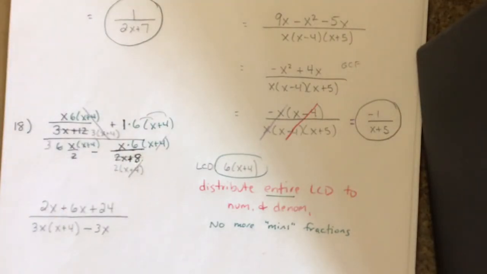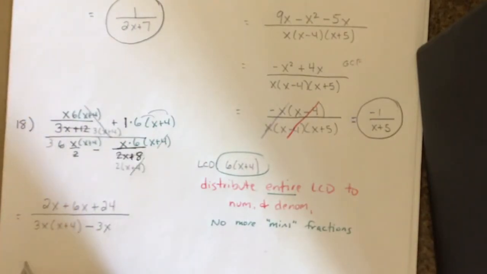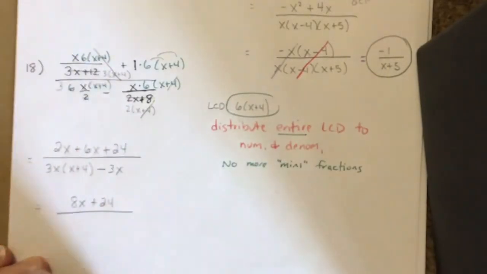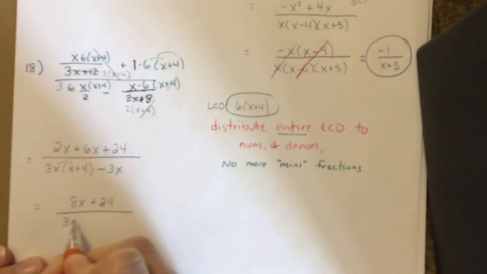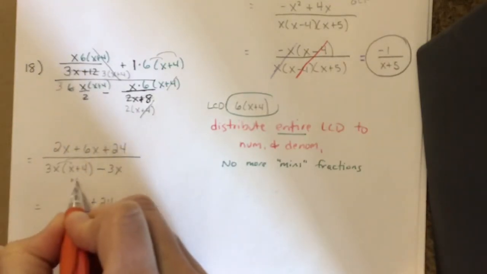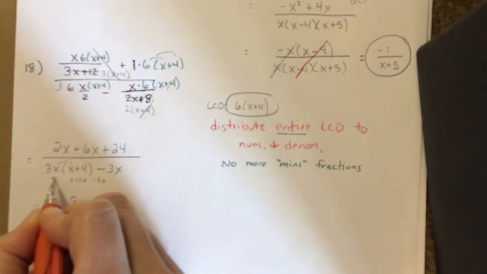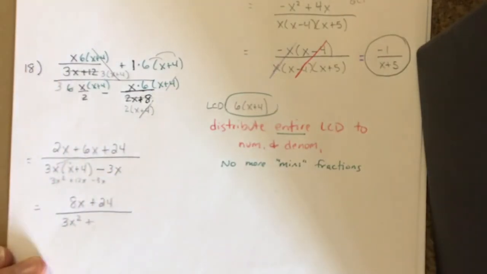All right. Now, we got to simplify that. What does that equal? Up top, I combine my x's, I get 8x plus 24. Denominator, distribute. I get 3x squared plus 12x minus 3x. What's that? Positive 9x.